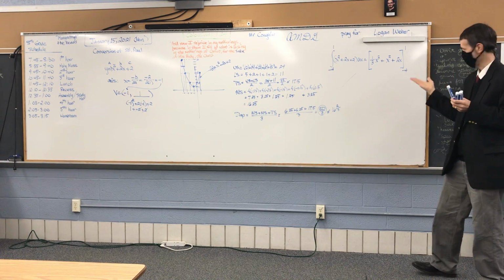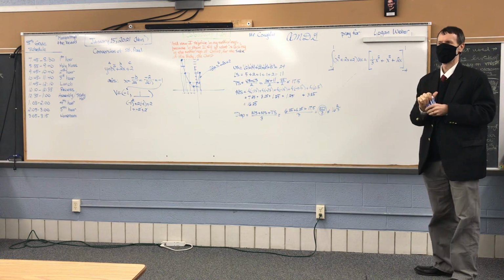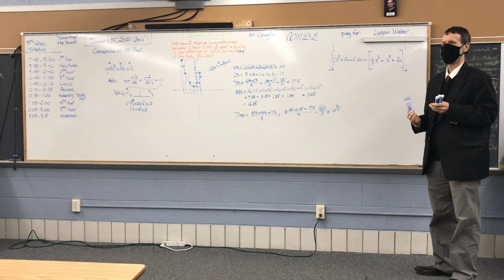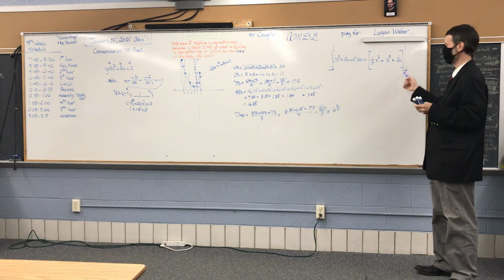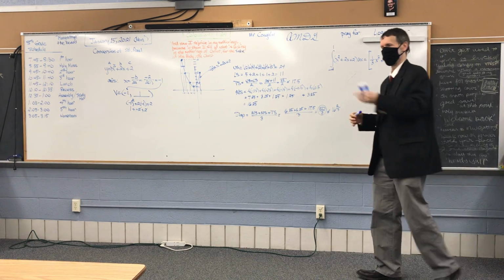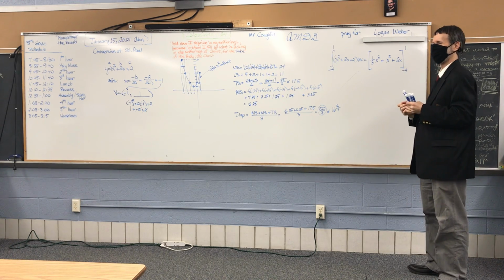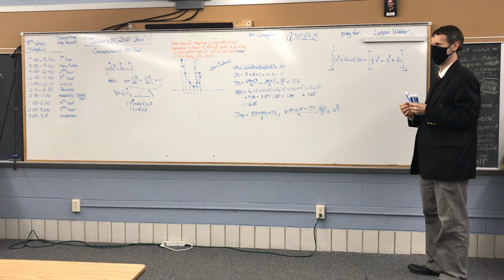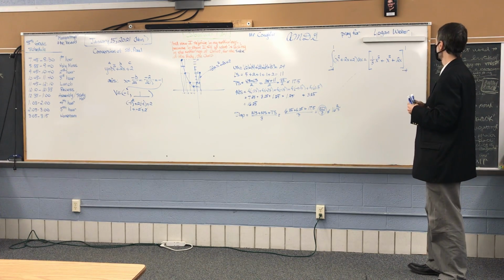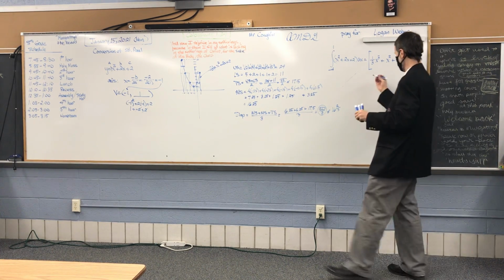But what do you do now? There's actually only one more step. What do you do with these? You plug them in. Which one first? The big one. You take the bigger one, which in this case is 1.